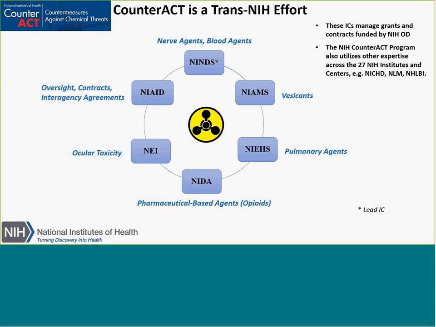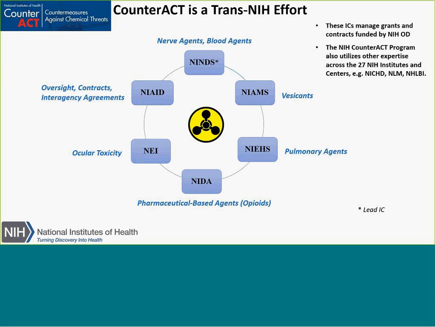This is truly a trans-NIH effort because of the diversity of chemicals and their effects. Other NIH institutes and centers participate in the program based on expertise needed to cover ocular, skin, pulmonary, and other effects of the chemicals we study. They include the National Institutes of Neurological Disorders and Stroke, Arthritis and Musculoskeletal and Skin Diseases, Environmental Health Sciences, Drug Abuse, and the National Institute of Allergy and Infectious Diseases, which provides oversight and manages the contracts.